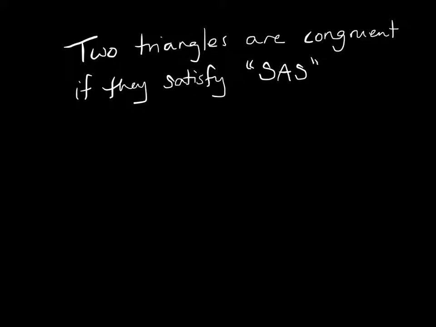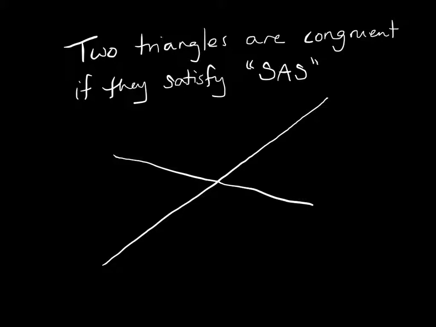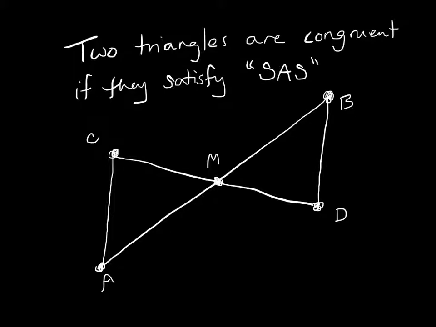So let me give you an example of side angle side, a totally random example. Let's say I have two triangles like so. I'll call this line segment AB, and I'll call this line segment CD.